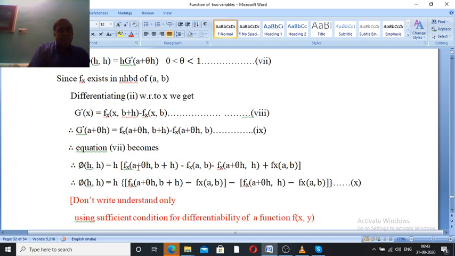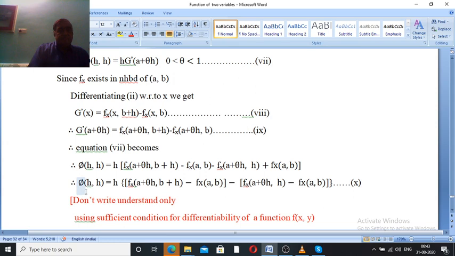Therefore, fx(a+theta h, b+h) minus fx(a+theta h, b), minus fx(a, b) plus fx(a, b) get cancelled. Therefore, we add one time and subtract one time.